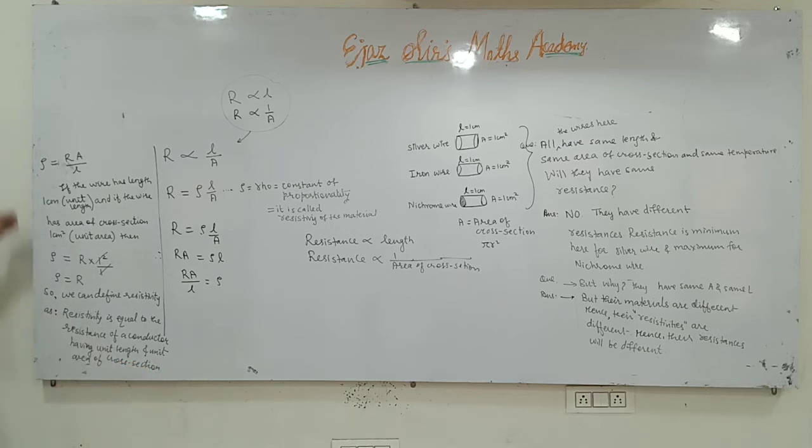So what is resistivity? Resistivity is equal to the resistance of the conductor which has unit length, meaning 1 centimeter length, and unit area of cross section.